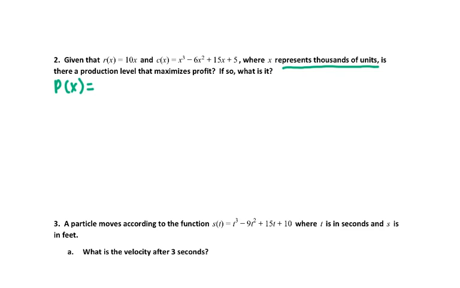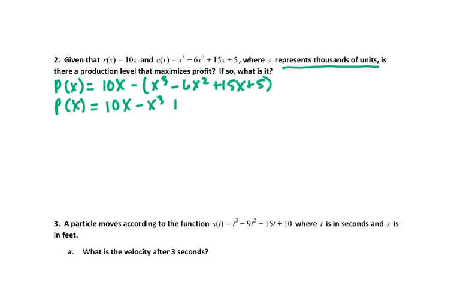profit equation. So revenue is 10x minus cost in parentheses, which is x cubed minus 6x squared plus 15x plus 5. All right, we're going to clean this up. Minus x cubed plus 6x squared minus 15x minus 5.